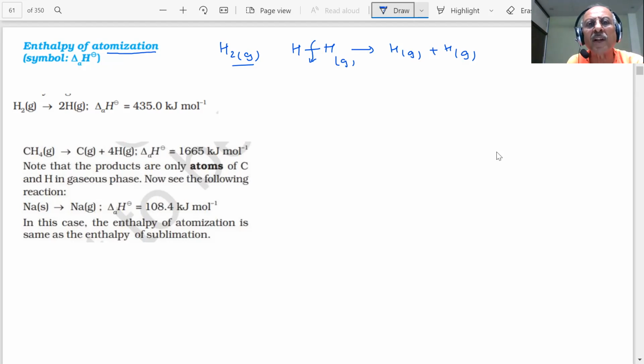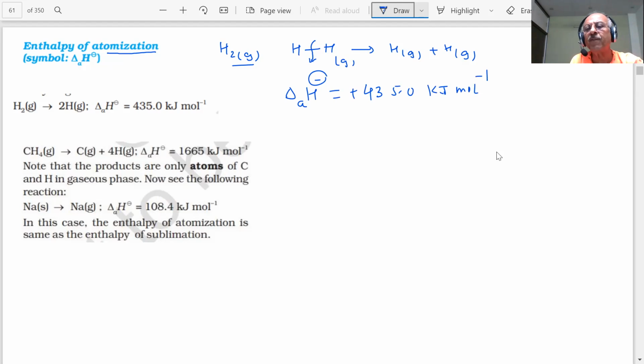This will absorb energy, and under standard conditions, I write delta H atomization, A for atomization, the standard enthalpy of atomization for the breaking of hydrogen into hydrogen atoms is plus 435.0 kilojoules per mole.